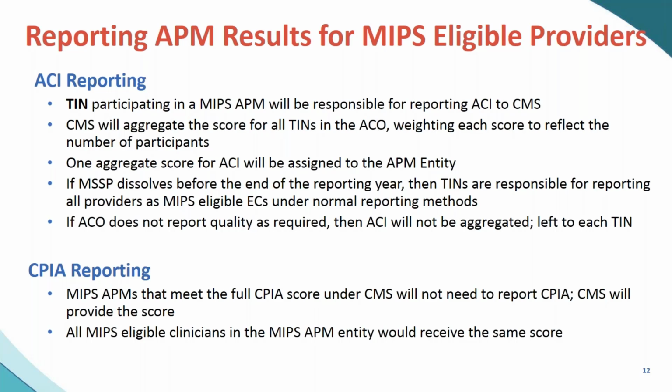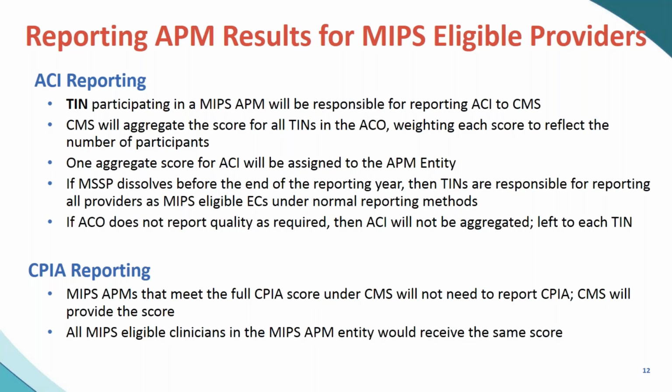And what CMS has said, we've tried to get clarification on this, is that at this point in time, because everything else you're reporting under the ACO is reported as a group, your quality metrics, the determination of whether you're considered advanced or not is made at the group level. Your ACI reporting should be at the group level too. So if you have 2 or 100, you should be reporting that as one set of metrics for everyone, since group reporting is coming in this year as an option for your meaningful use reporting.